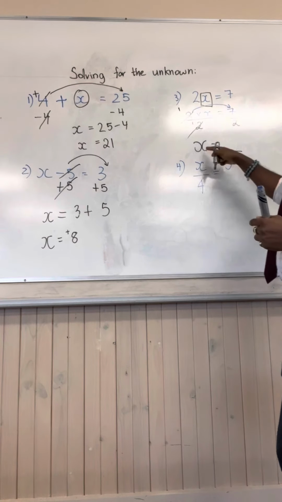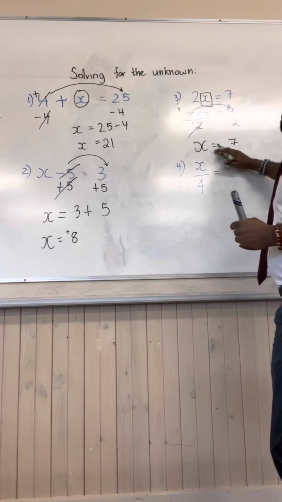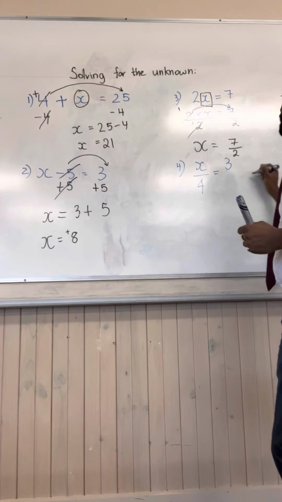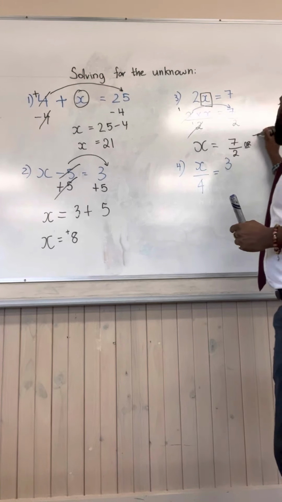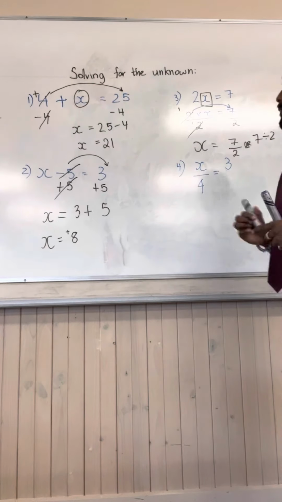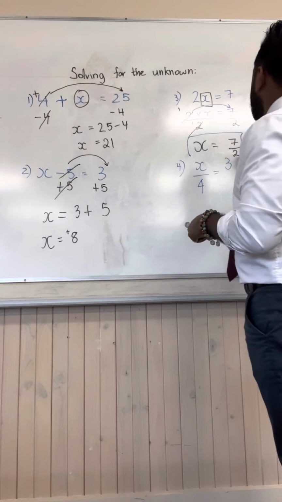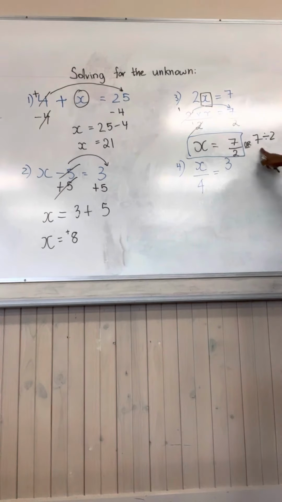And now you're left with x is equal to 7 over 2, or 7 divided by 2. When you get to year 7, 8, 9, 10 level, 12 level, you want to write your answer in this particular way. You may have written this at a primary school level, but this is how you want to present your answer.